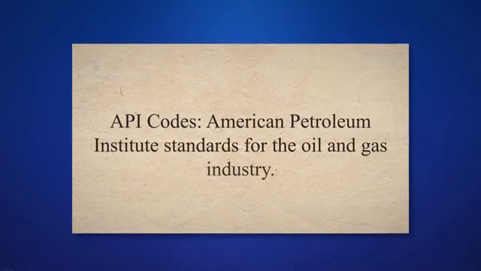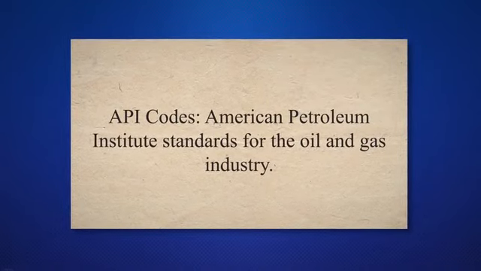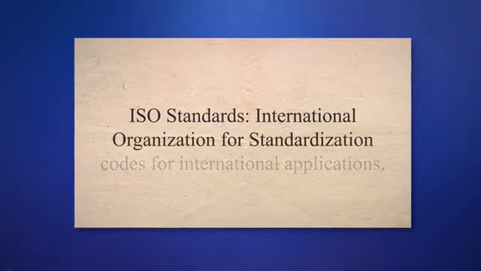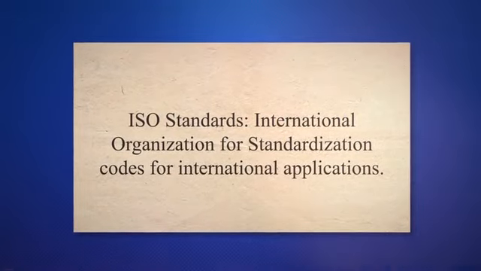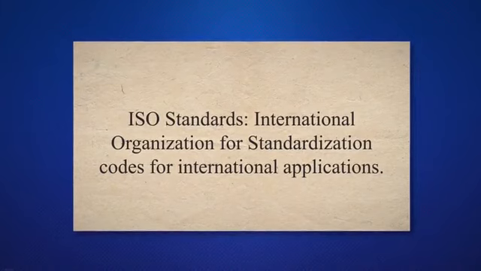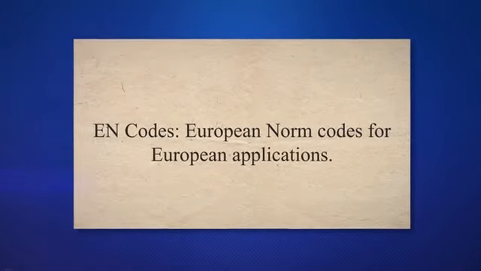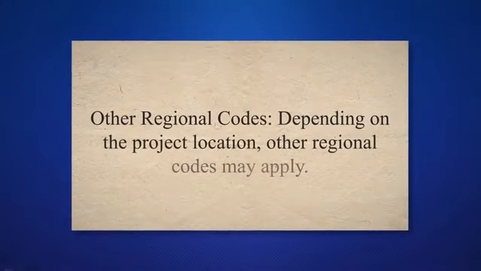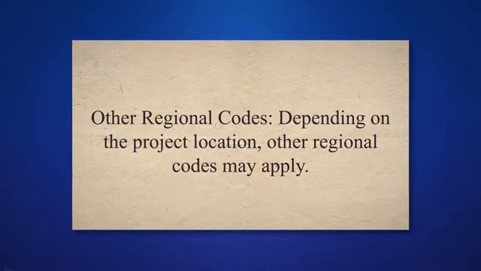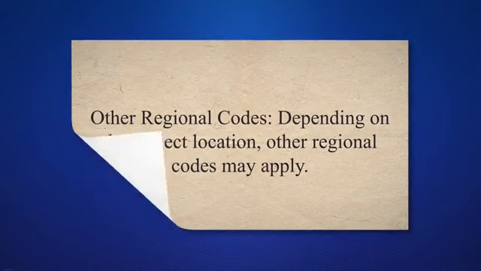API codes, American Petroleum Institute standards for the oil and gas industry. ISO standards, International Organization for Standardization codes for international applications. EN codes, European norm codes for European applications. Other regional codes: depending on the project location, other regional codes may apply.